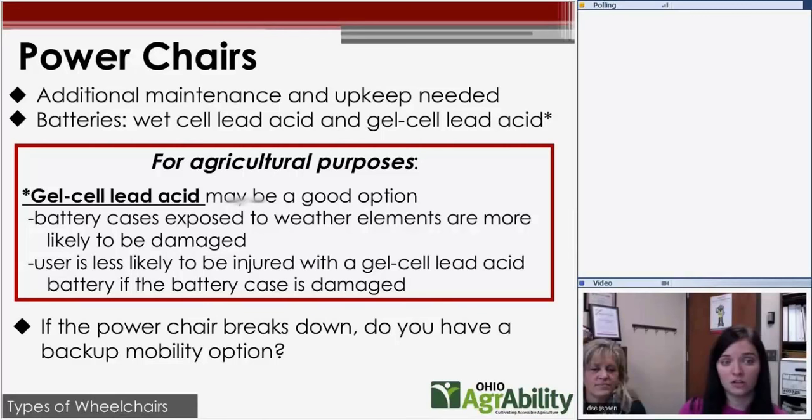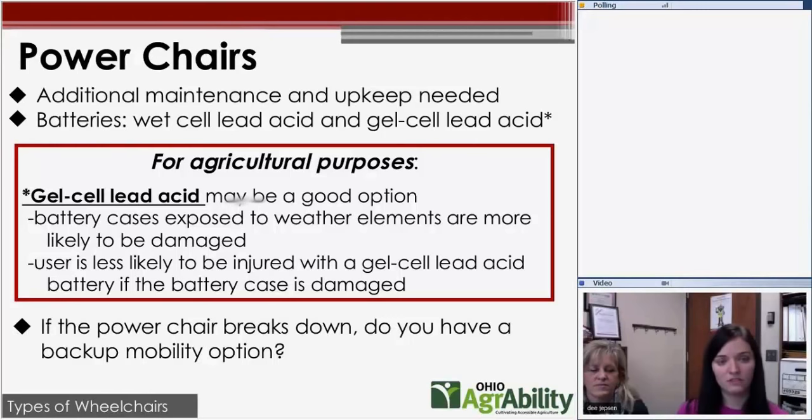These batteries are a lot better when they're used outside frequently and exposed to weather elements. They're a lot more likely to be less damaged. And if they are damaged, they're a lot more easily repaired than a wet cell lead acid, and don't damage the chair quite as much, so you wouldn't have to go back and get a whole new power chair. The battery can be easily replaced.